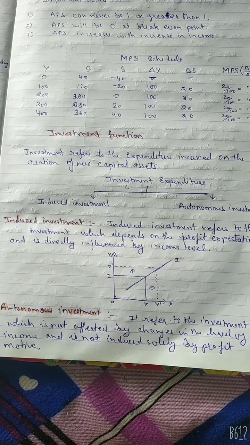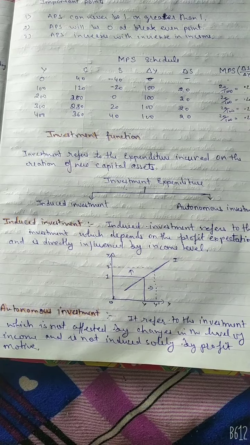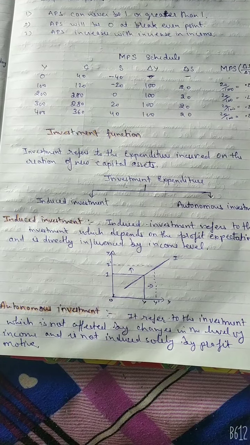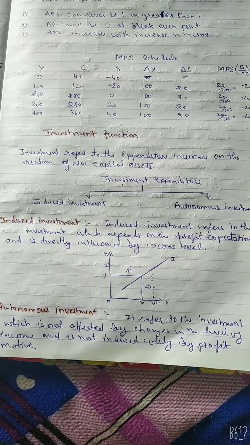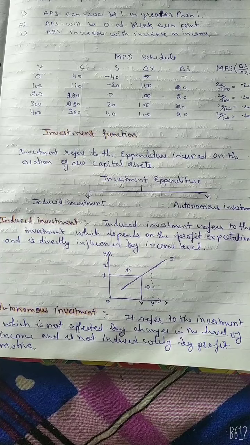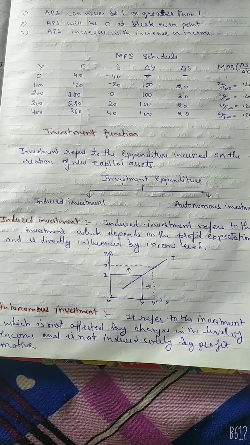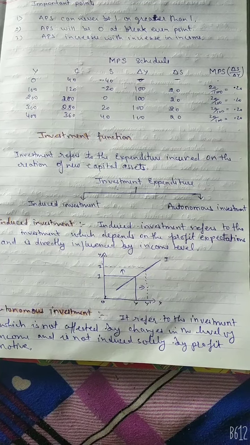Next we have the investment function. Investment refers to the expenditure incurred on the creation of new capital assets, and investment expenditure is divided into two parts: induced investment and autonomous investment.